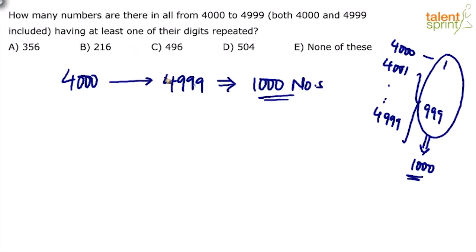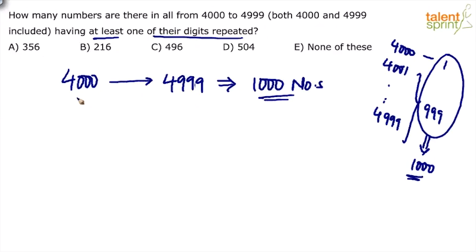Now we have to find out that out of these 1,000 numbers, how many have at least one of their digits repeated. This is going to be very complex. When he says at least one, there can be more than one digit which gets repeated. What all numbers have to be considered here?